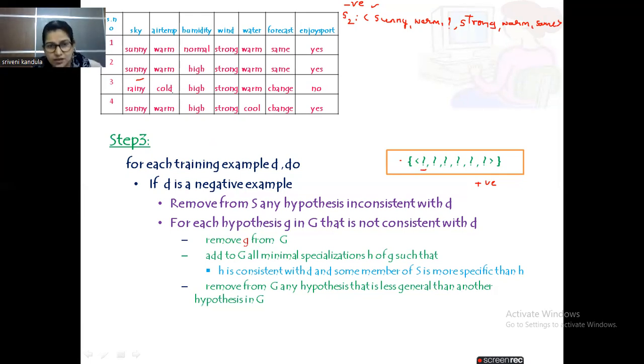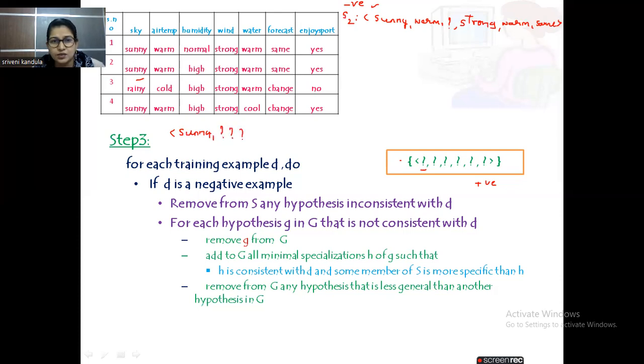So let us replace the question mark with a specific value. The first question mark should be replaced with a specific value. Which value should I take? Should I take rainy? If I take rainy followed by all question marks, again this hypothesis will become a positive-classifying one. But I need a negative, so I should take the opposite value of rainy. The opposite value of rainy is sunny.